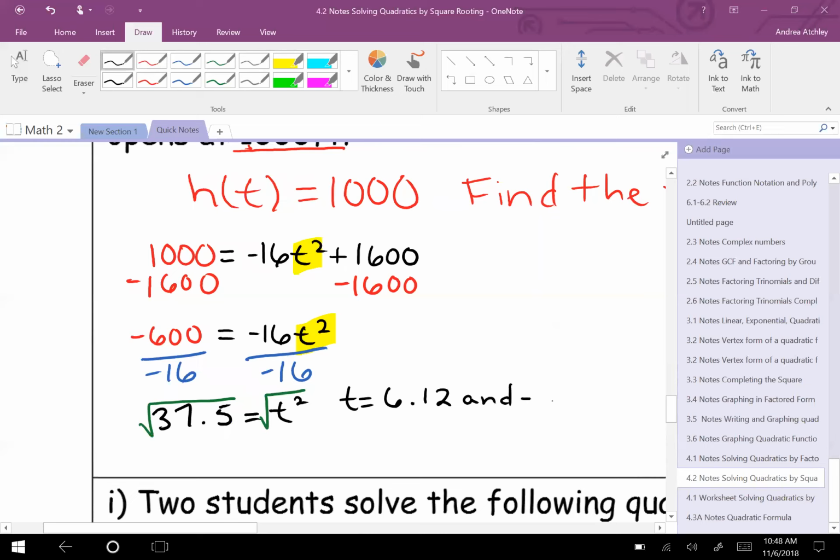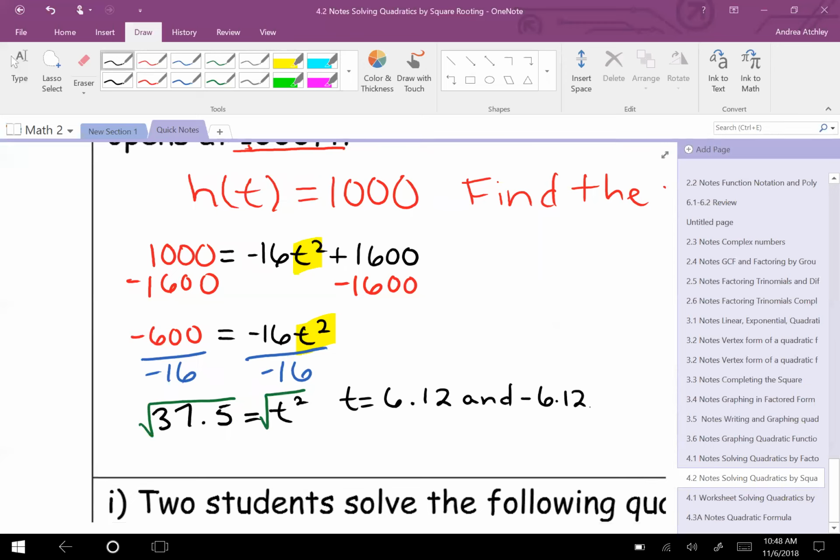Negative, right? Remember on Friday we talked about this. There's a positive answer. There also has to be a negative answer because I don't know which one it is. However, we also need to have this make sense within the problem we're dealing with. Does it ever take you negative seconds to do something? Can I take negative 6.12 seconds to do a problem?